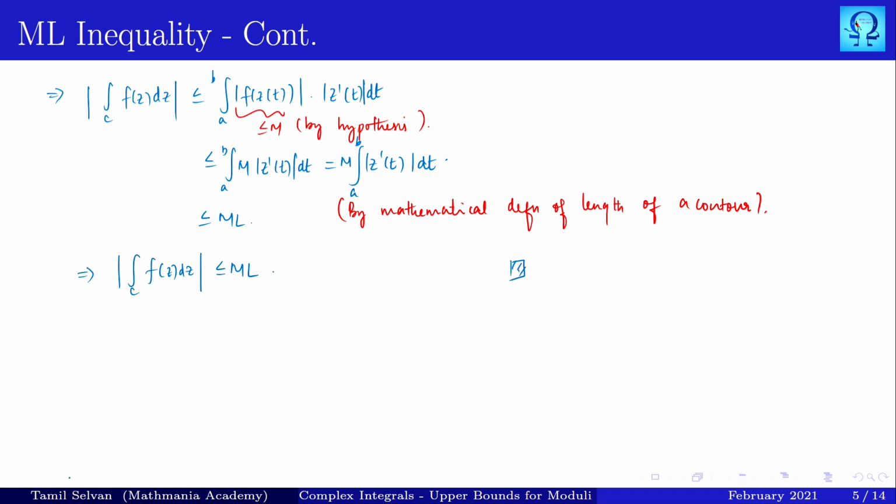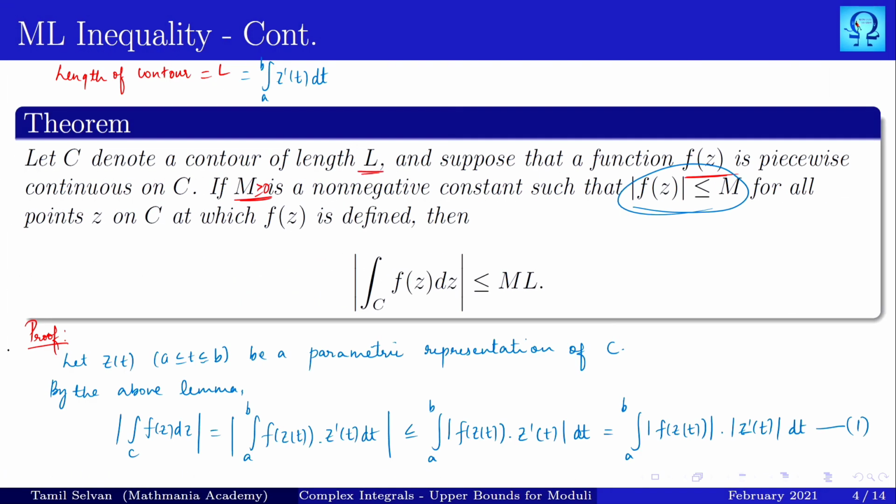Okay, now let me make some remarks. Here the contour C and the function f, both are given to be piecewise continuous, and hence the number m always exists.